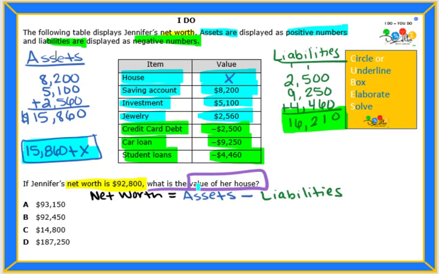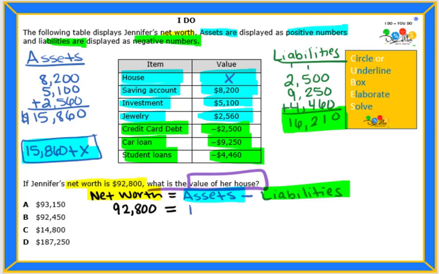So remember that we want to take the assets and subtract the liabilities to get our net worth. We already know the net worth. Let's go ahead and replace it with our value, $92,800. And that is equal to the assets. Now look at what we have for the assets. We have X and 15,860.